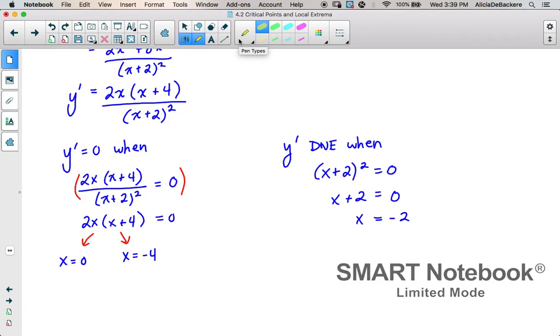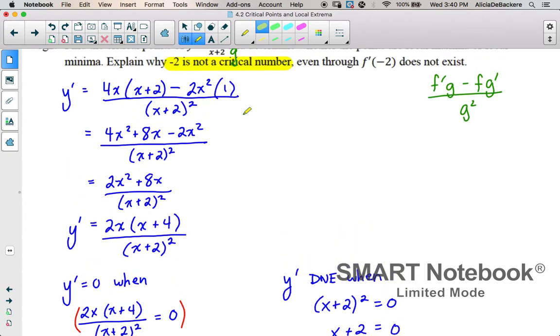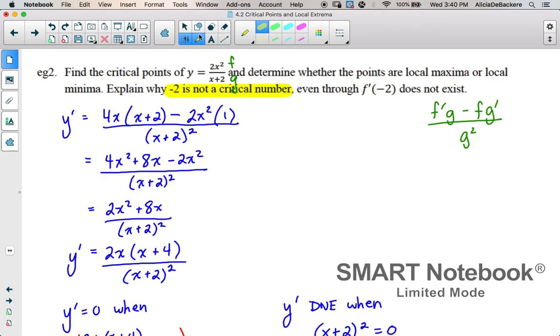So when we scroll back up, we want to figure out, why is that not even a critical number? Like we just figured out that it was. And it's because when I look at the original function, I look at that denominator and I notice that -2 also does not exist on my original function. So I'm going to write that down here.